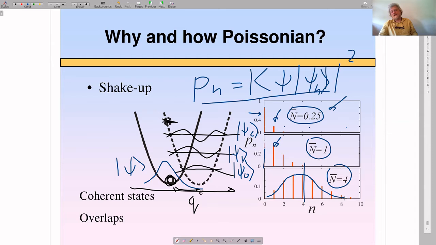If we increase n bar even further, it's a property of the Poisson distribution. It will be centered at the average, and its spread will be given by the square root of the average n. Properties of the Poisson distribution.